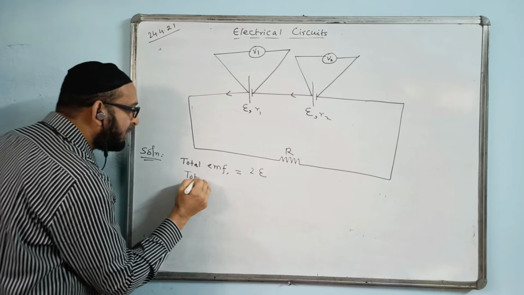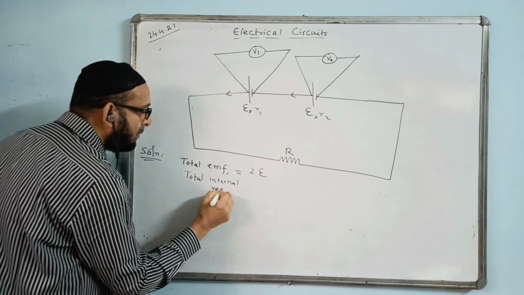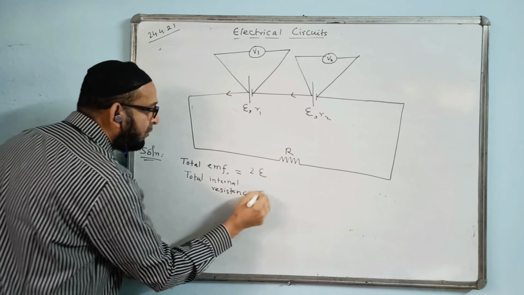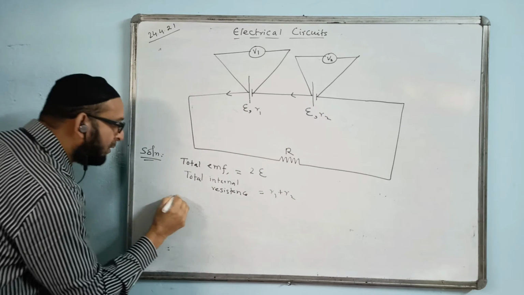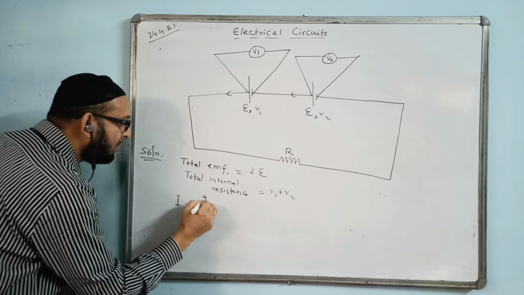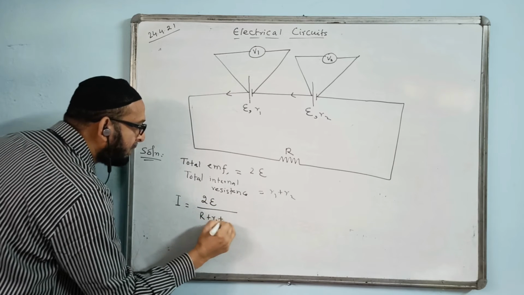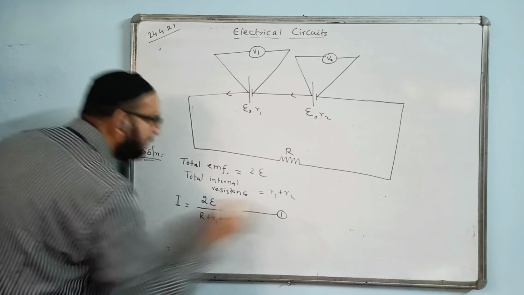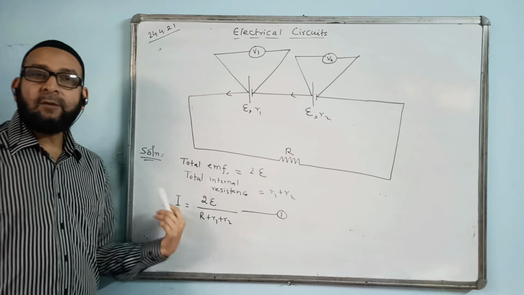Total internal resistance will be equal to R1 plus R2, addition of the two. We'll find the total current I. I is equal to total EMF 2E divided by capital R plus R1 plus R2. Mark this as equation 1. This is the value of the total current here.